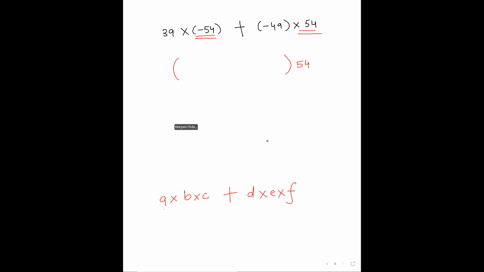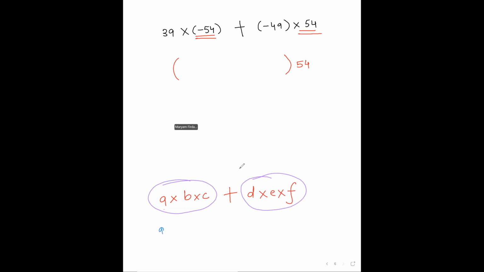Six. No, you have two terms. This is one term and this is another term. So Hiba, remember this. Terms are groups of numbers that are separated by a plus or a minus.